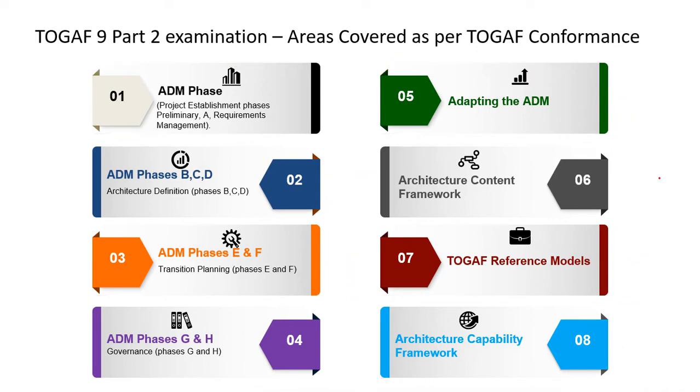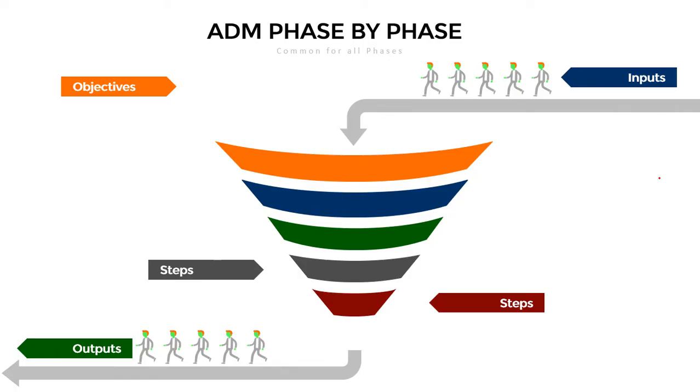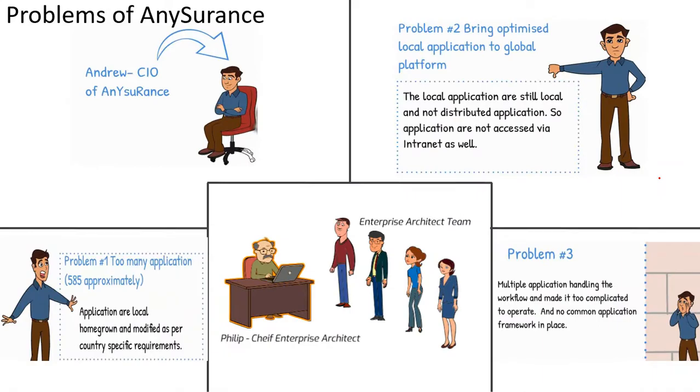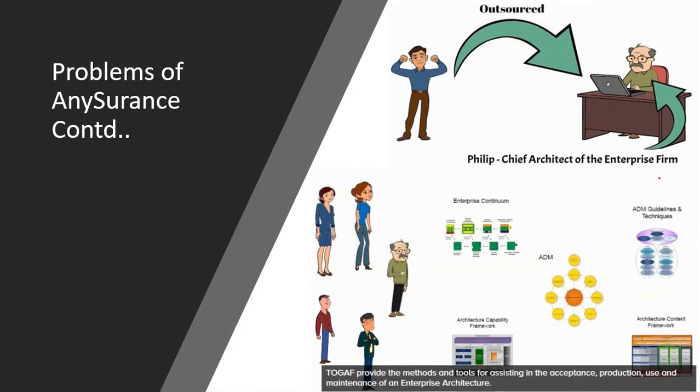Now that you have seen from the TOGAF conformance level that you are going to cover around 11 units, let me show you a quick glance of all parts of the preliminary phase that I am going to cover. I will be talking about the inputs. I will be talking about the scenario-based problems.